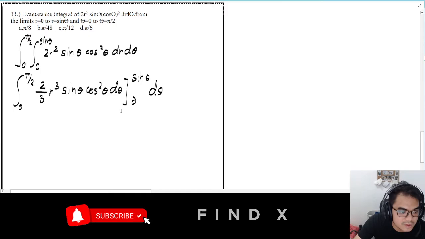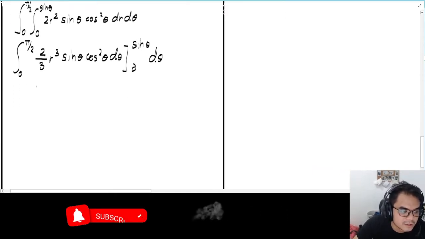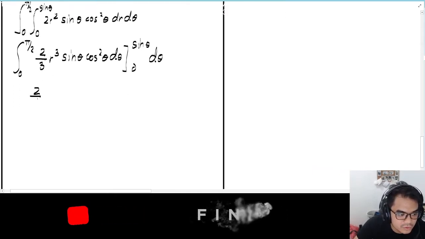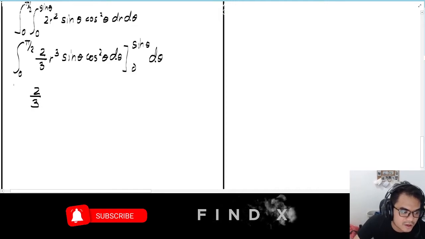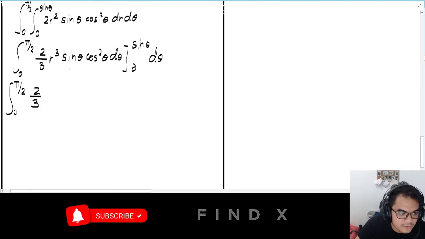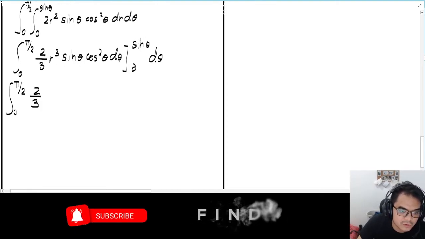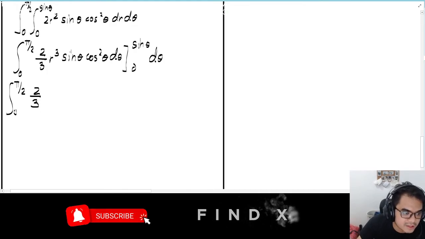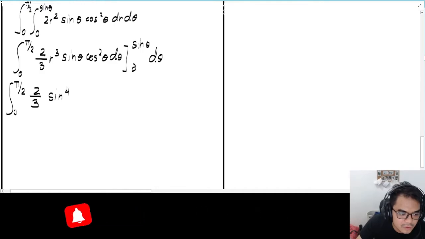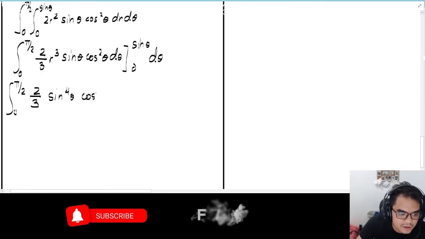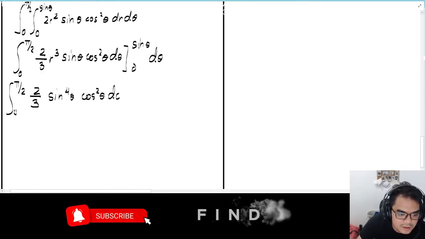So substituting the limit, you'll have upper minus lower, right? Therefore, you'll have 2 thirds. This is a constant. And then we have r cubed, so substituting upper limit minus lower limit, you'll have sine cubed. Sine cubed times sine, you'll have sine to the 4th theta cosine squared theta d theta.